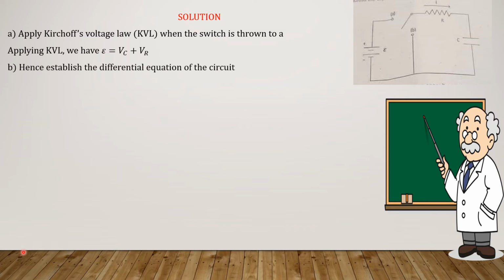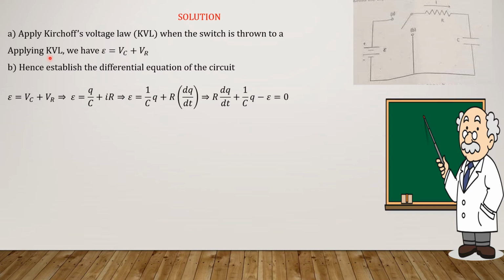B says hence establish the differential equation of the circuit. Now we know that E is equal to VC plus VR, but VC is Q on C and VR is IR. Again, I is dq/dt, and rearranging this equation we now get this, and this is our differential equation.